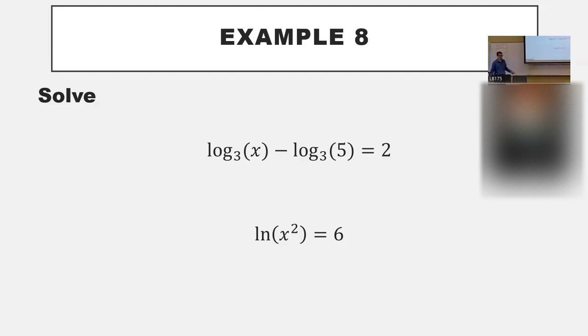Now, obviously, our logarithmic equations can get more involved. We have log base 3 of x minus log base 3 of 5, set equal to 2. And then we have natural log of x squared, set equal to 6.